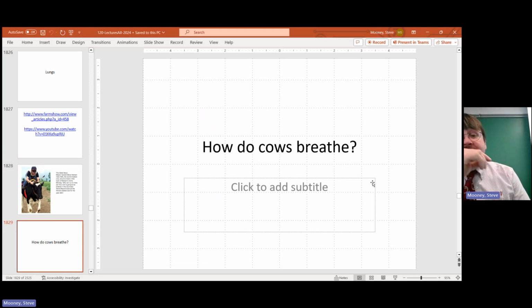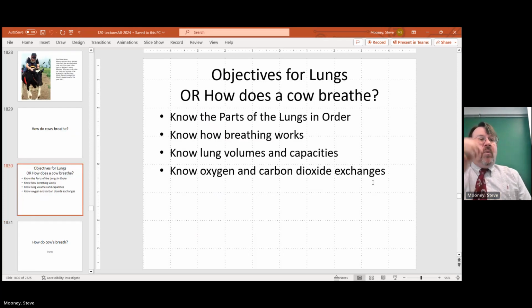So thinking about Taffy, she had a tremendous set of lungs. So let's think about how cows breathe. When we're going through this, we're going to answer this question: how do cows breathe 4 different ways? One is we're going to talk about the parts of the lung, how everything works together, how things go in order. We're going to talk about how breathing works. How do we inhale? What muscles are involved? How do we exhale? What muscles are involved?